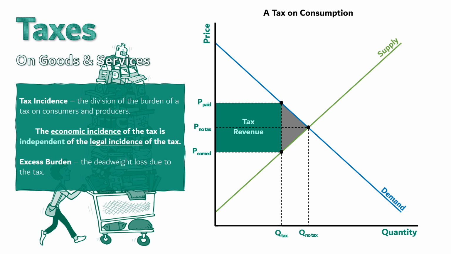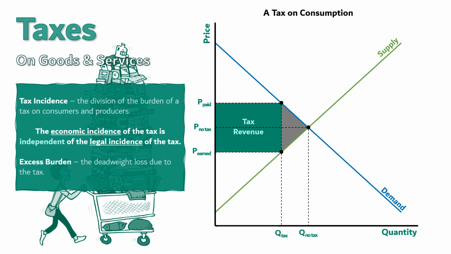Another thing that's important to note is the excess burden of taxation, which is the deadweight loss due to the tax. If there is a $10 tax on this product, then the tax revenue is equal to the $10 tax times the quantity people buy with that tax in place. But there is additional value being lost by consumers and producers.